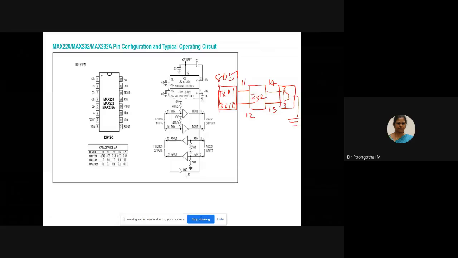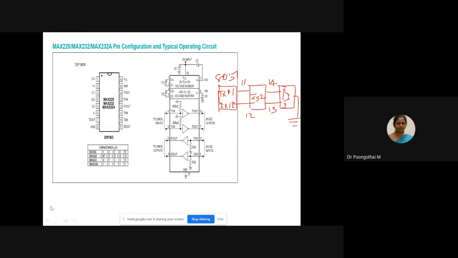Therefore it requires line drivers such as the MAX232 chip to convert RS232 voltage levels to TTL voltage levels. So the line driver is MAX232 or MAX233. It is designed by Maxim Integrated Products. This IC is widely used in RS-232 communication systems. The main purpose is to convert TTL level to RS-232 level and RS-232 level to TTL level.